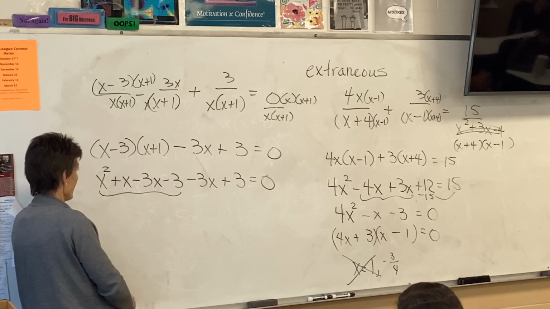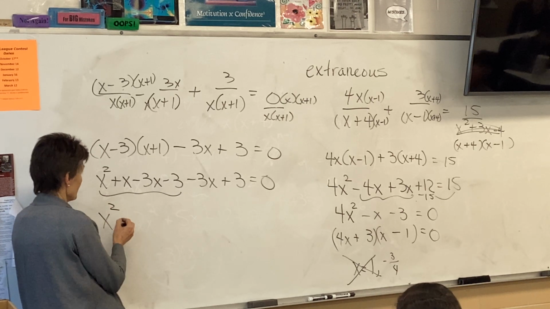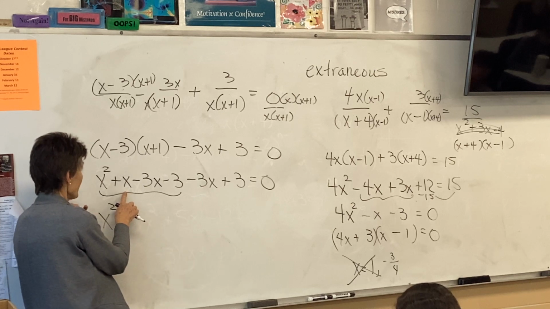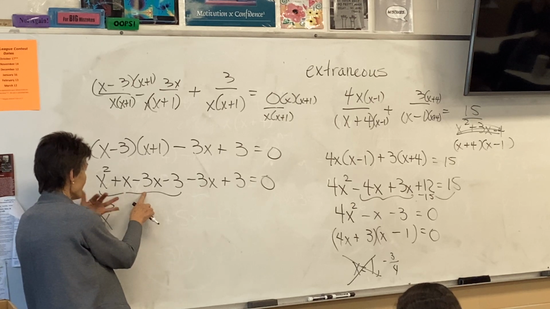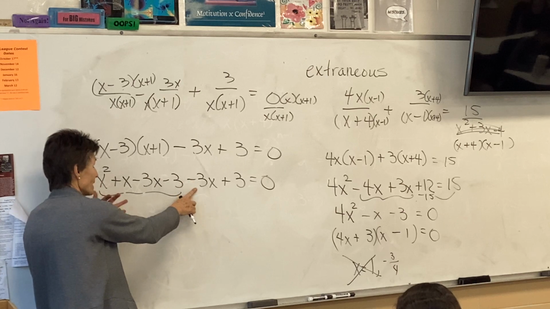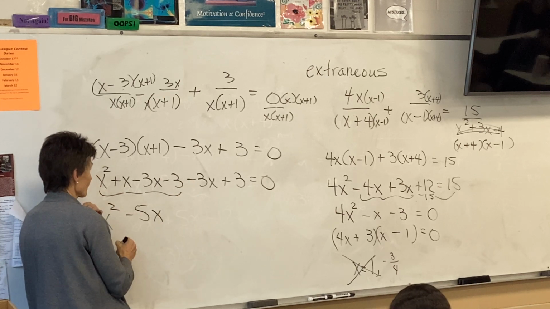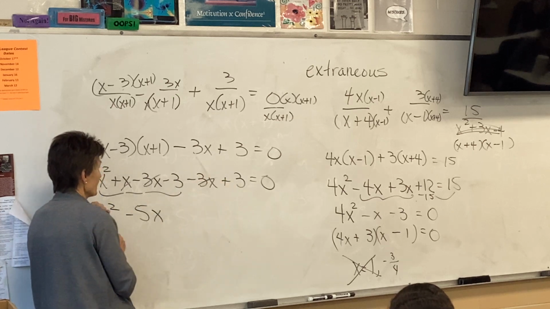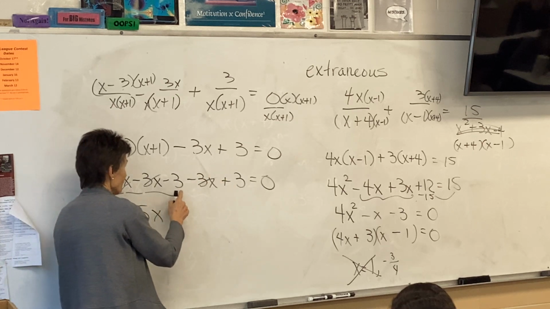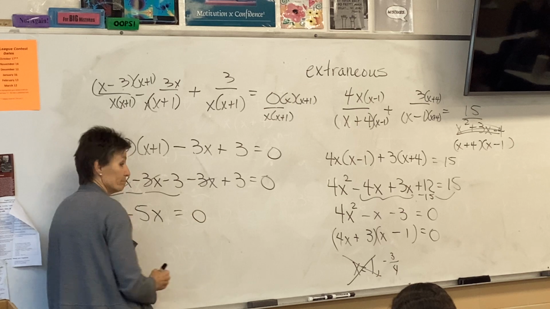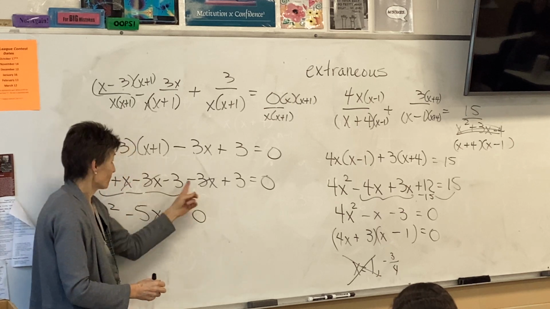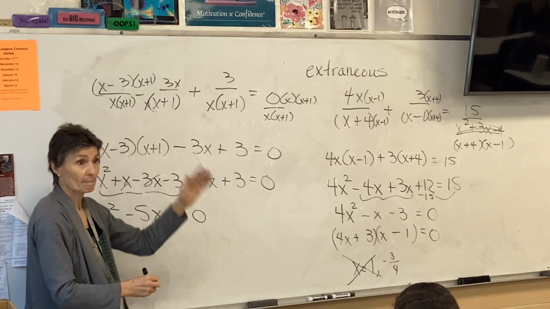Okay, so what have I got? x squared. Okay, now I have a 1x minus a 3 minus a 3. Negative 5x. That takes care of all of those. And then I have minus 3 plus 3.